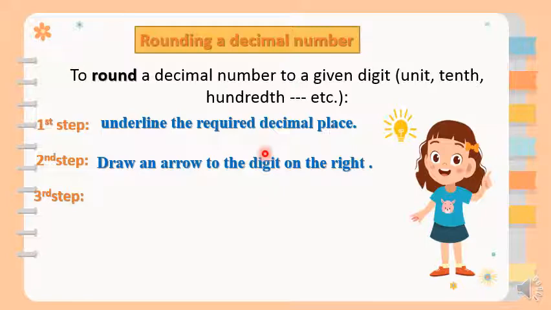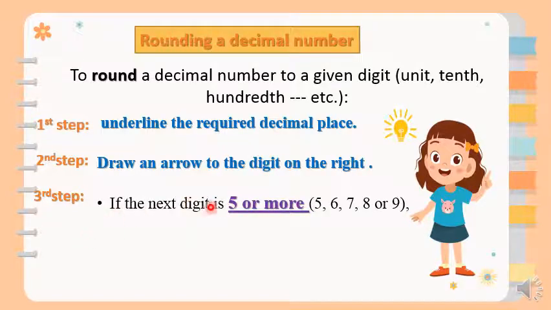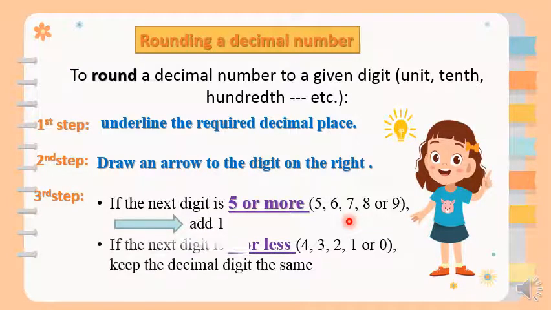Draw an arrow to the digit on the right. 3. If the next digit is 5 or more, like 5, 6, 7, 8, or 9, we add plus 1. If the next digit is 4 or less, just like 4, 3, 2, 1, or 0, we keep the same digit as it is.